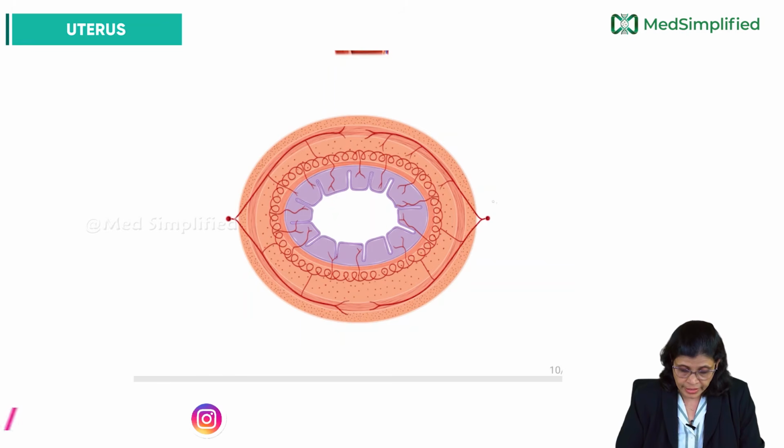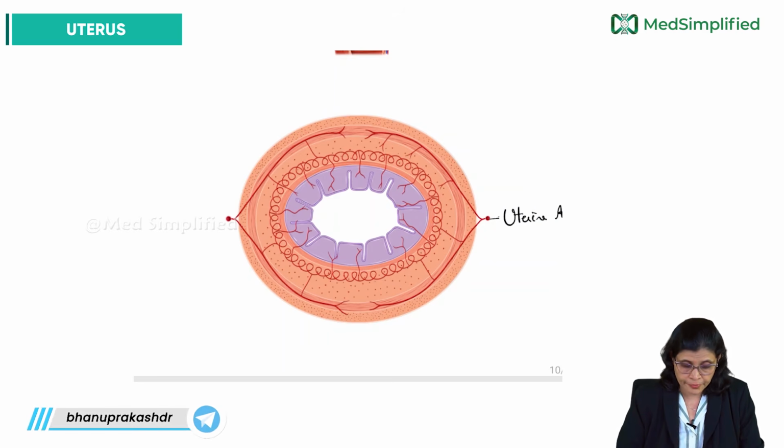This is the uterine artery. Here it will give what we call the arcuate or coronary arteries.